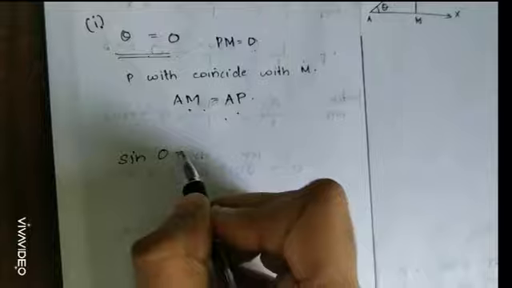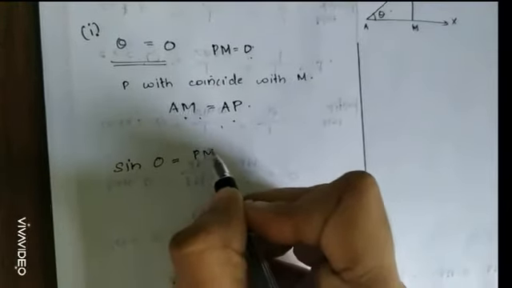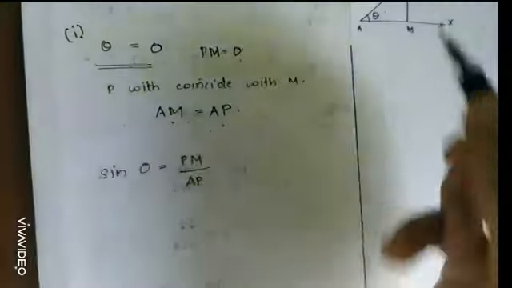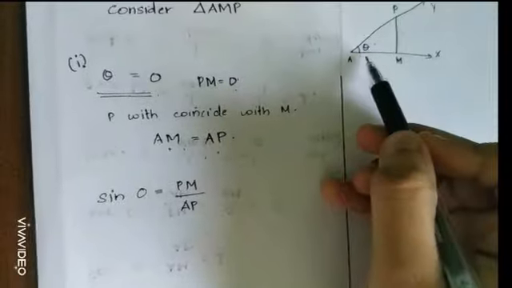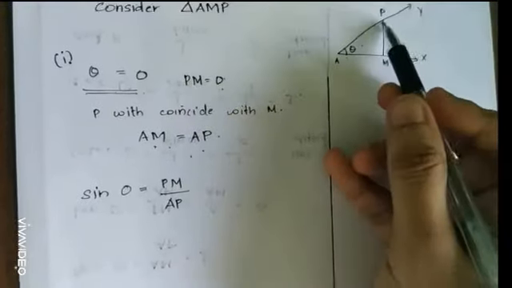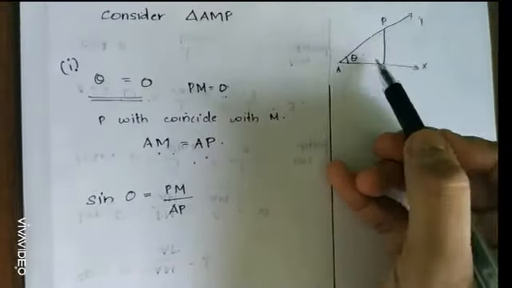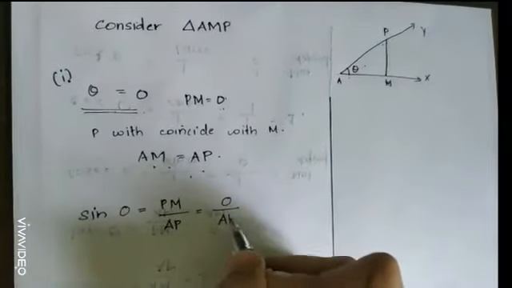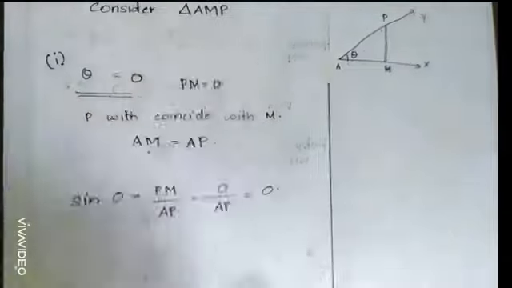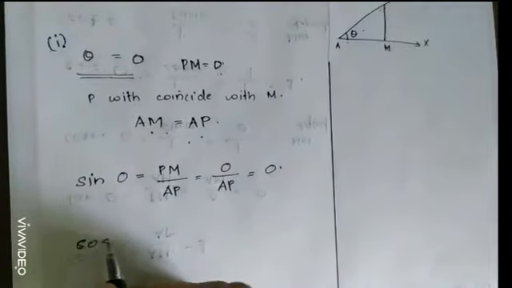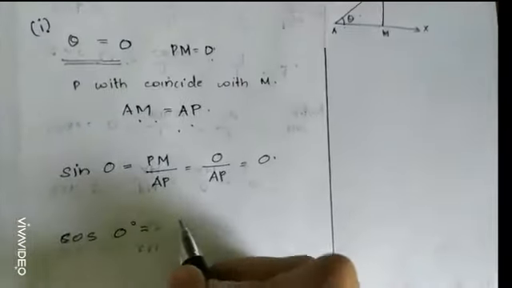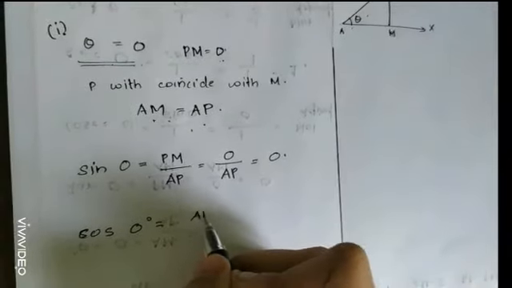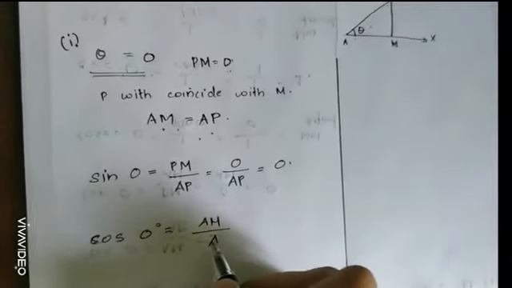Sine 0 is equal to PM by AP, that is with reference to theta, here theta is 0 degree, opposite side by hypotenuse, that is PM by AP. You know PM is equal to 0, and so by AP we get 0. Now cos 0 degree is equal to adjacent side, here adjacent side is AM, by hypotenuse.